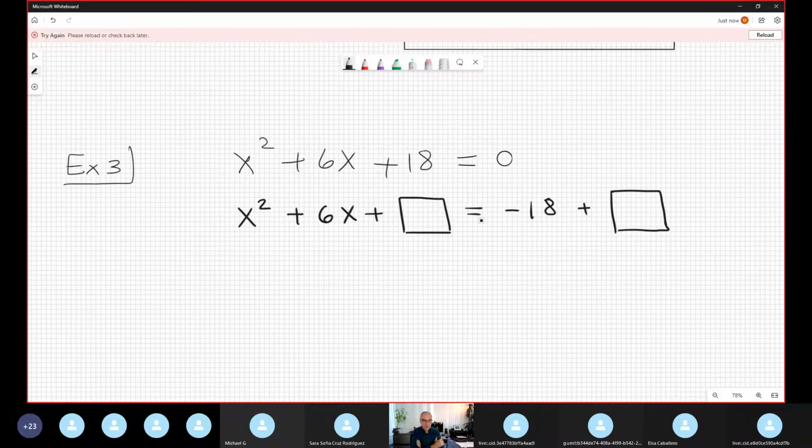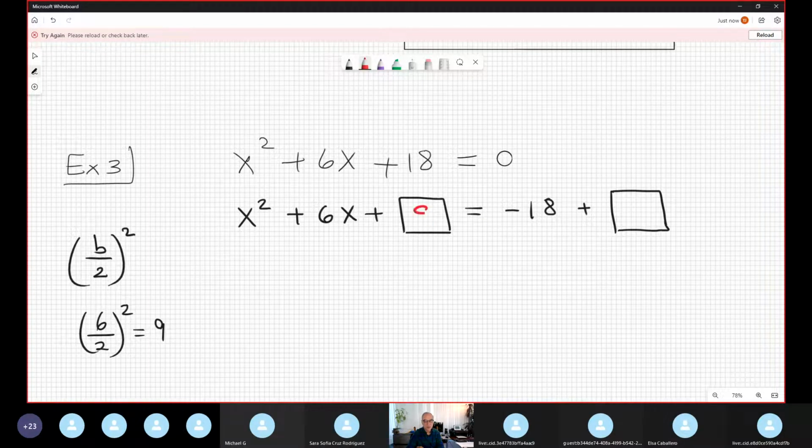Okay, so what is the formula for finding the magic number? B divided by 2. Excellent. B over 2 squared. Who is B in our problem? Yes, 6. The 6 divided by 2 is 3. And 3 squared is 9. This is the magic number.